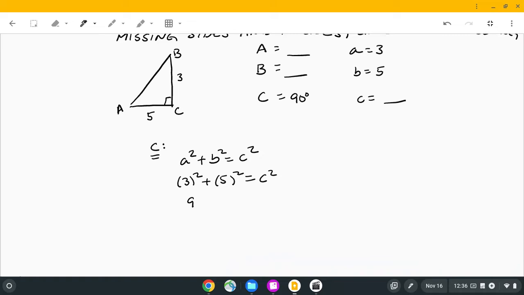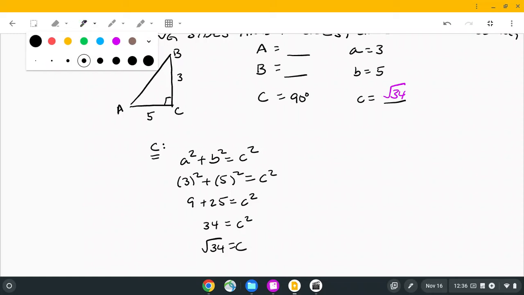We get 9 plus 25 equals c squared, so 34 equals c squared, and c equals square root 34. I'll put those answers in purple.